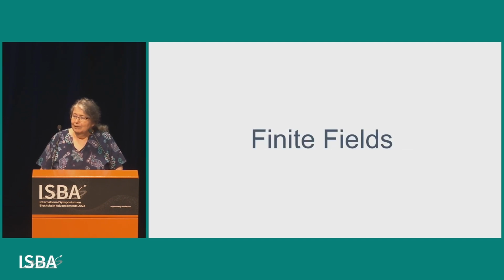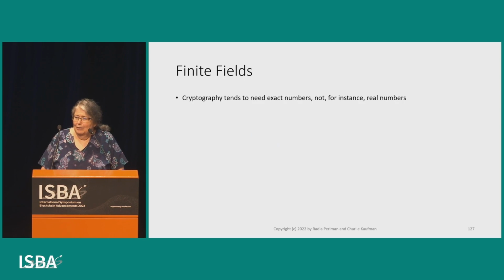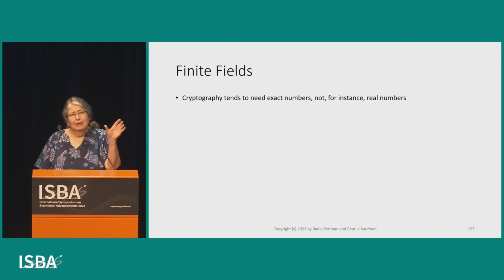So, some general concepts of finite fields. This is like modular arithmetic. Modular arithmetic, we talked about, enables you to know the size to represent an integer. But suppose your modulus is not exactly 2 to the n.